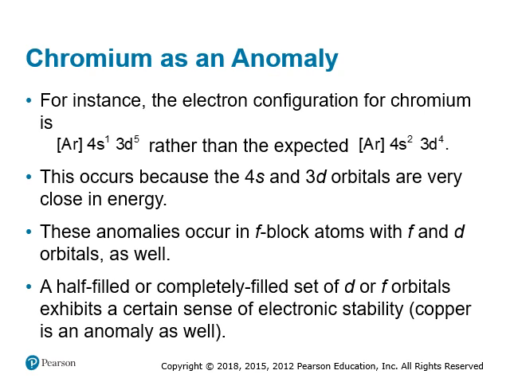And it turns out that a half-filled set of d orbitals or a half-filled set of f orbitals confers a certain sense of electronic stability. So by having 5 electrons out of a possible 10 in the d orbitals, that speaks to a certain level of stability. So 1 electron is elevated from the 4s to the 3d in order to stabilize it in this particular fashion.